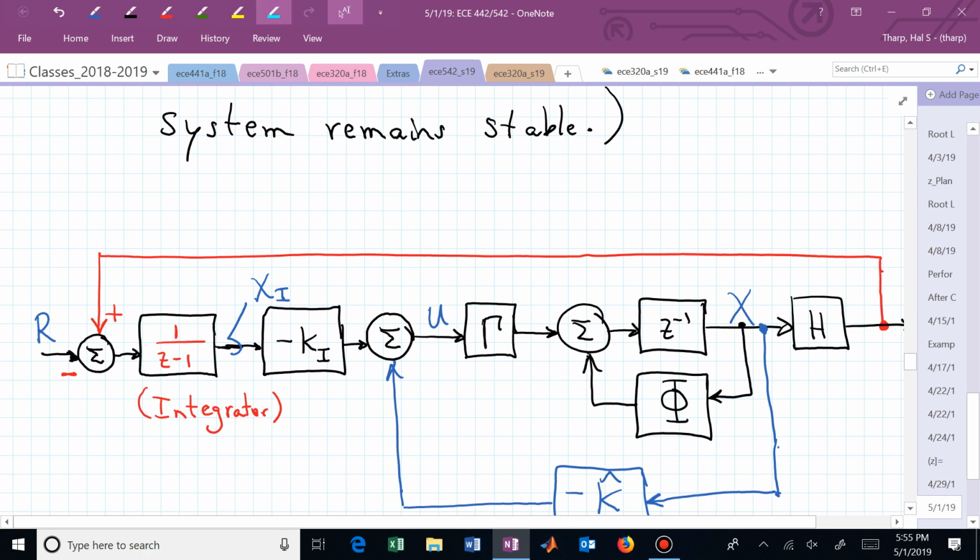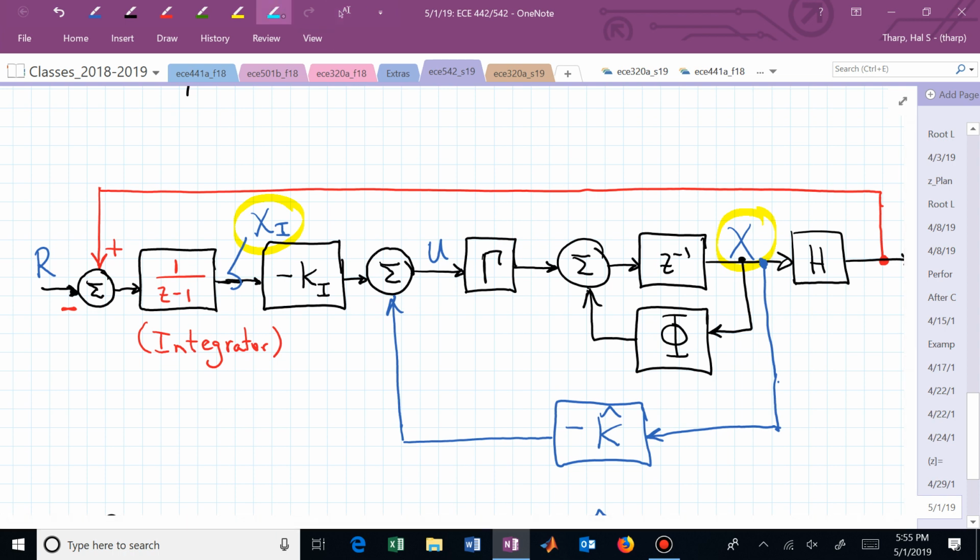By that I mean here is a new component of my state variable, and there's my previous state variable, so that now my full state feedback gain matrix is going to be augmented.